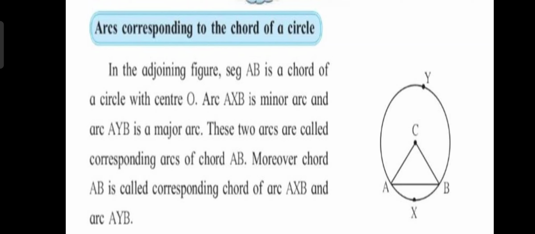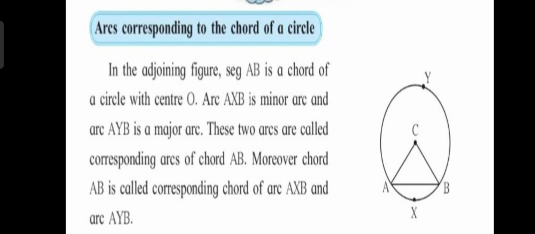Corresponding means we have a chord AB, and this chord divides the circle and forms two arcs, one a minor arc and the other a major arc. These two arcs are called the corresponding arcs of the chord AB.